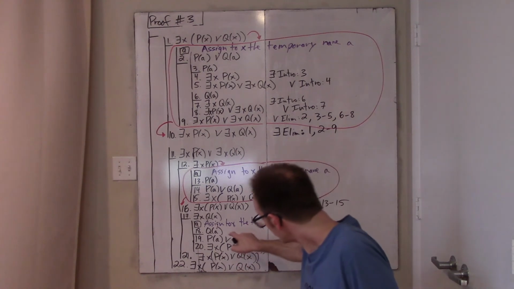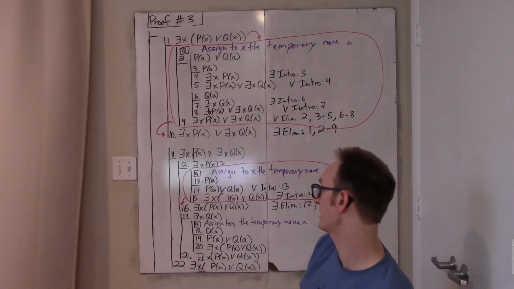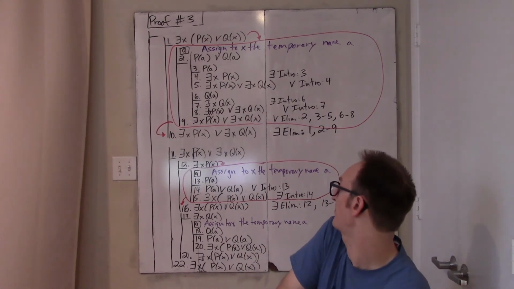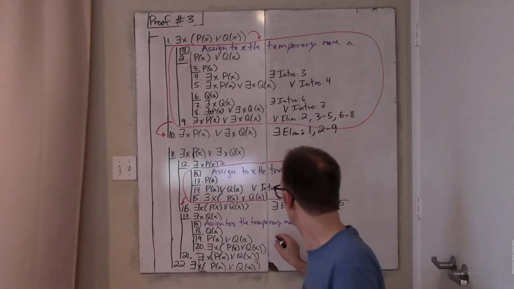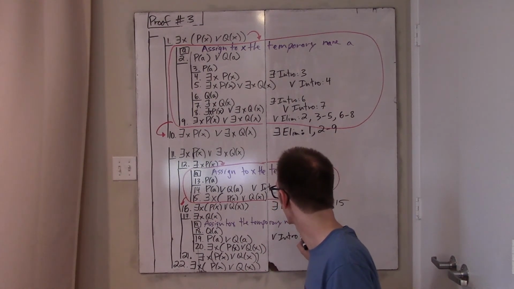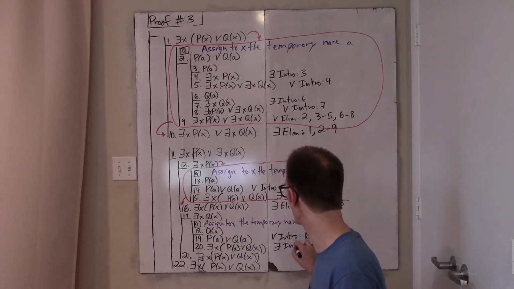Well, Q of A, then, because I'm saying that A should refer to the person that exists by virtue of line 17. Then I just did a little OR intro, 18. Then I said existential intro 19.